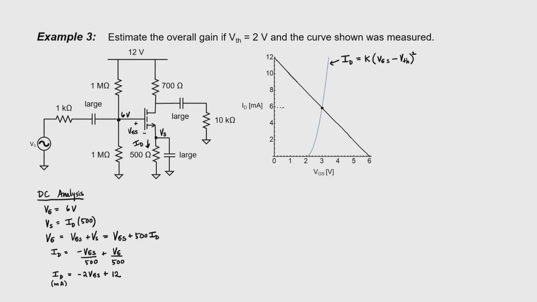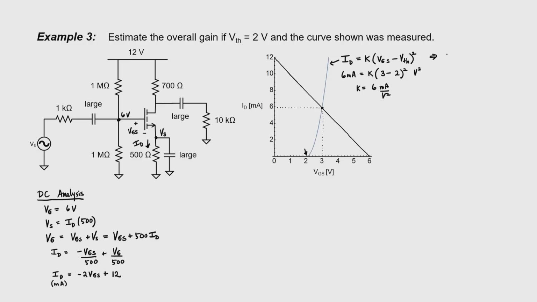We can see that our operating point is nearly 6 milliamps when the gate source voltage is about 3. Let's plug those numbers into this equation. We can also take note that our threshold voltage is 2, and V squared here is just a label, volt squared. This equation can be solved for K, so K is just 6 milliamps per volt squared.